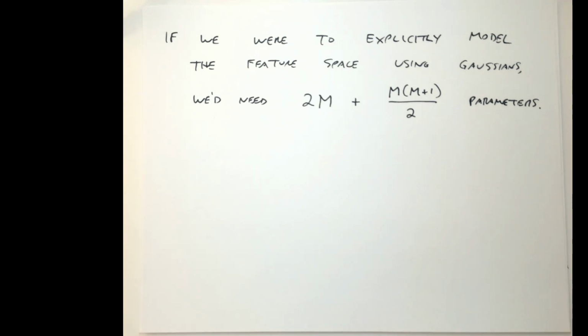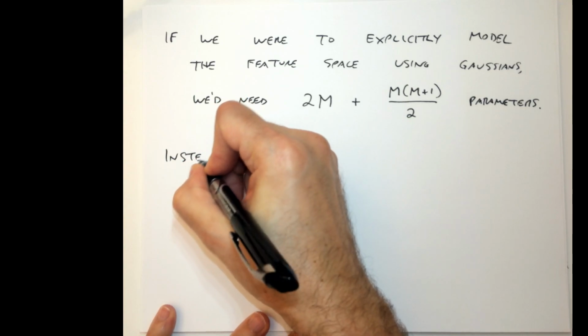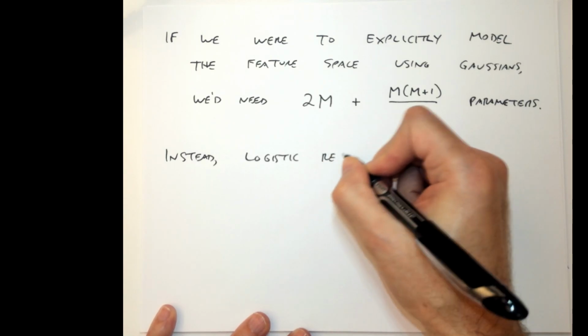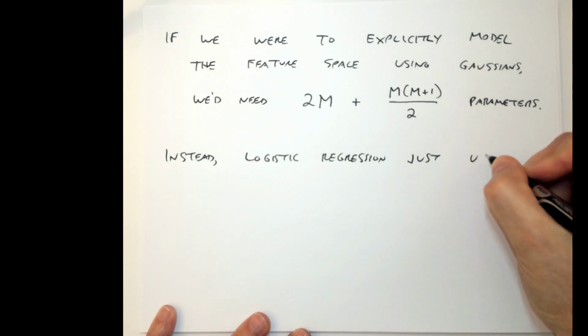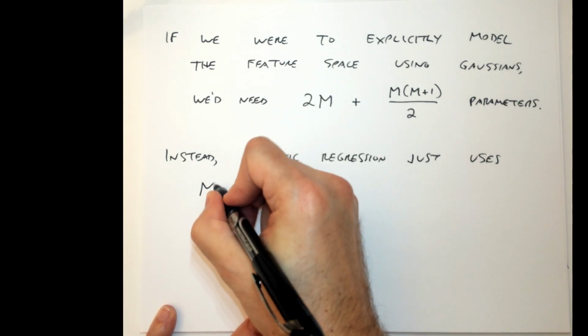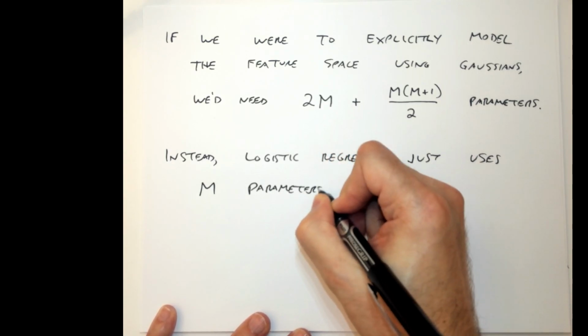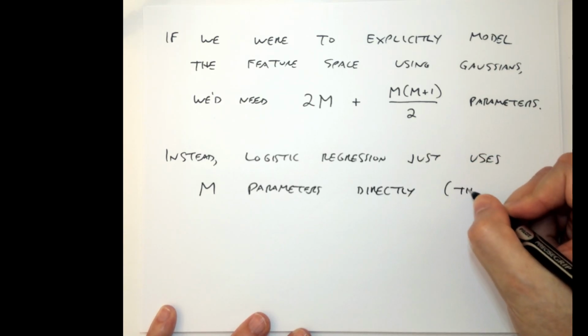Instead of estimating all those parameters and coming down to find these m numbers, logistic regression just uses m parameters directly, which are the weights.